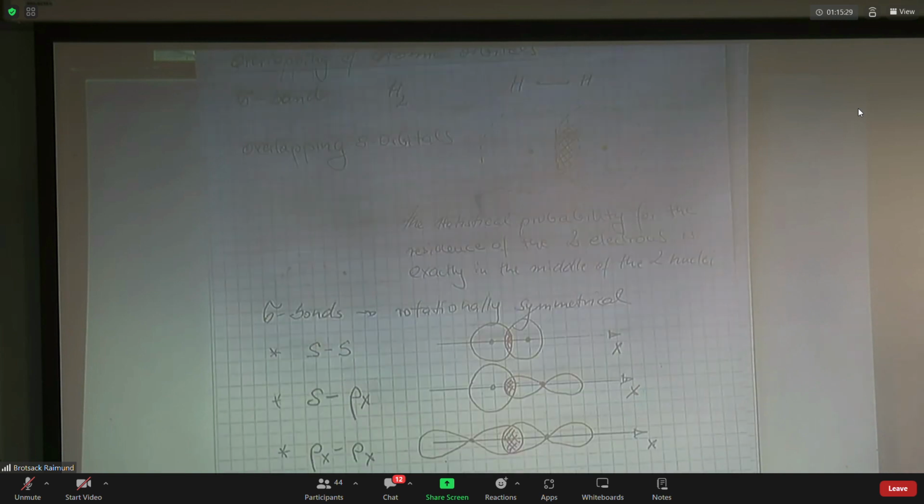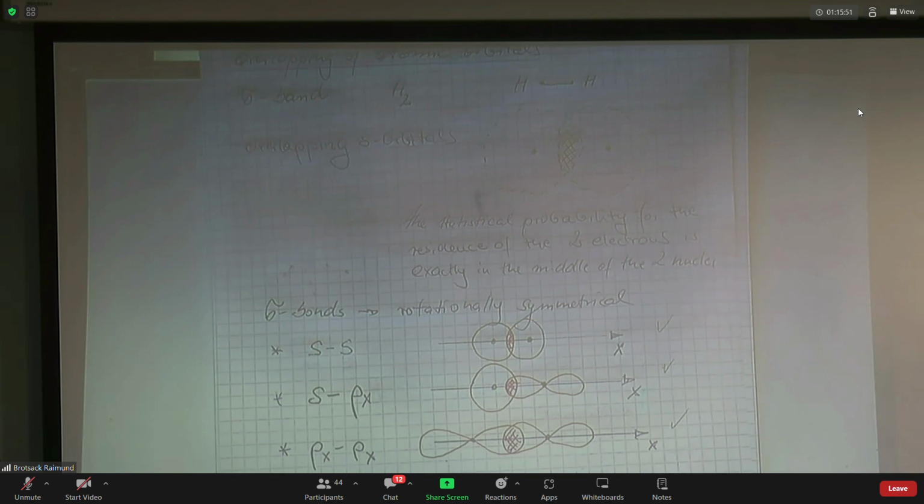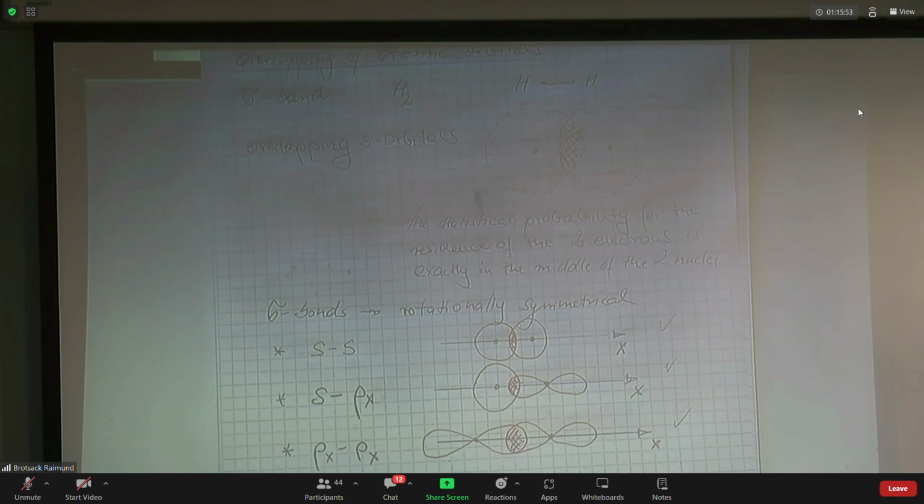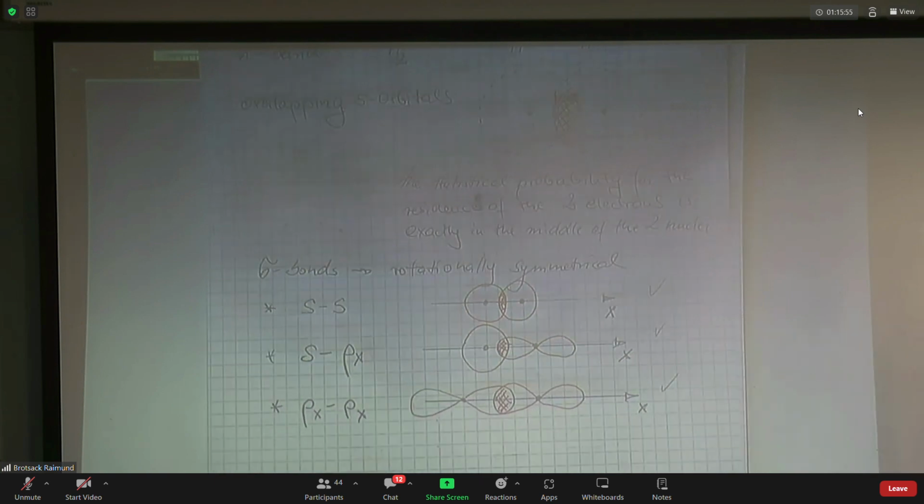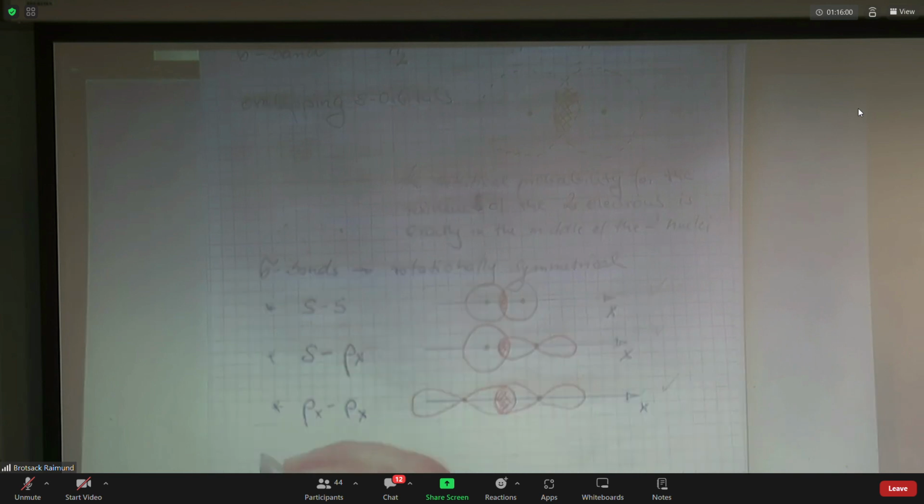So sigma bonds are rotationally symmetrical. That works for all of these three. For px and py, when one is x direction, the other y direction, there is no option to overlap. The next step, what we have to discuss now, is the so-called hybridization we already started with.